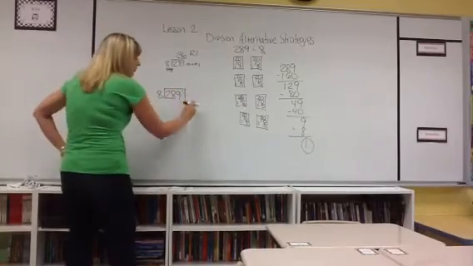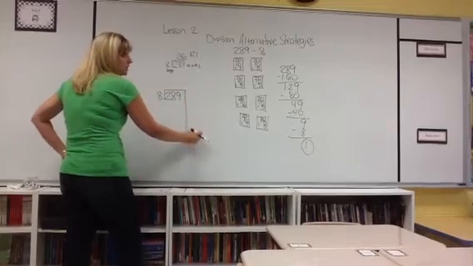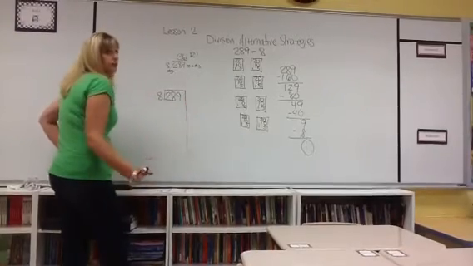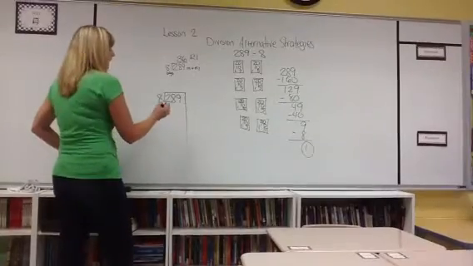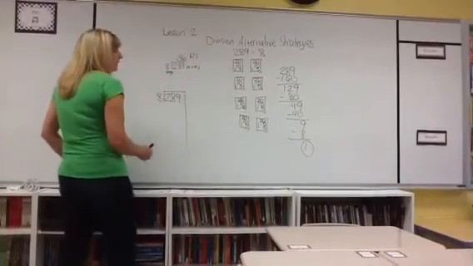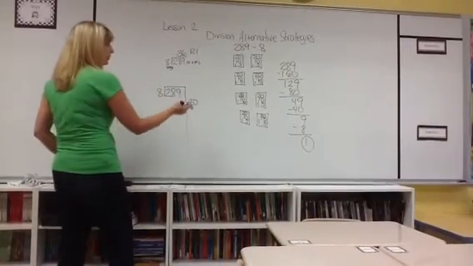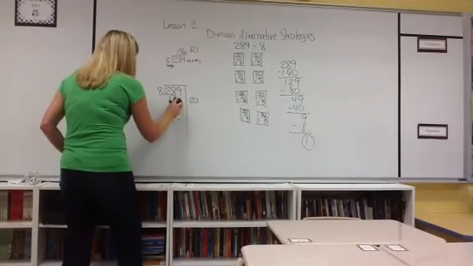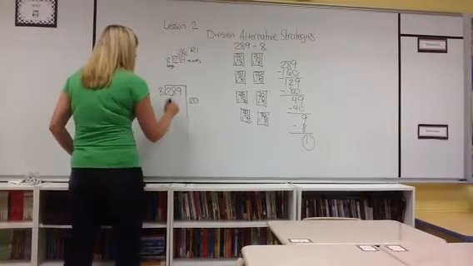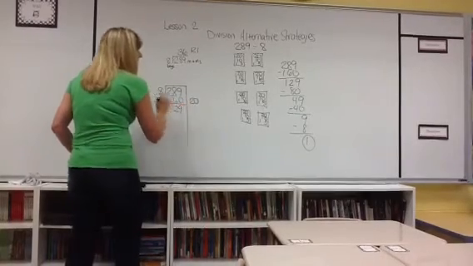And the children record the partial products, or partial quotients, because the quotient is the answer to a division problem. And so we're going to do the same thing. We can put 20 M&Ms per bag first, and 20 times 8 is 160. I subtract and get 129.